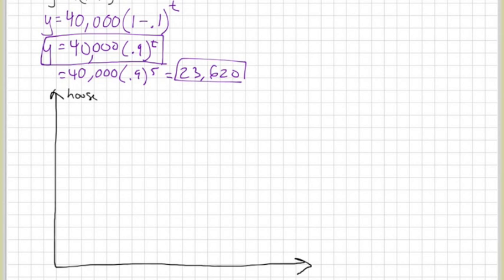So this is our houses. I'm going to go in thousands again. And this will be our time in years. And if I have to get up to 40,000, I think I'm going to count by 4s.